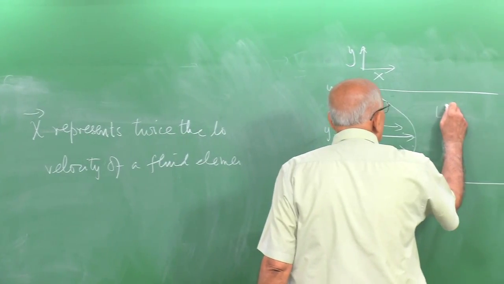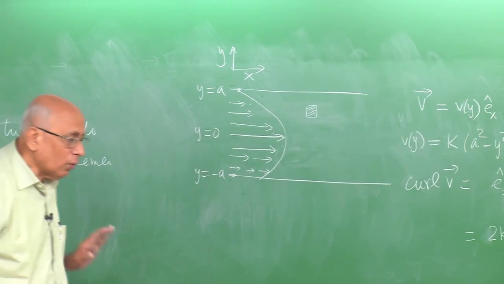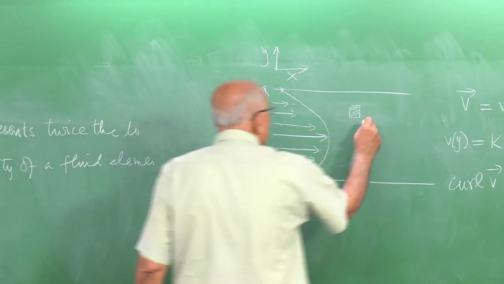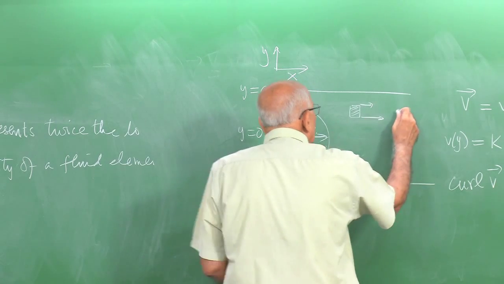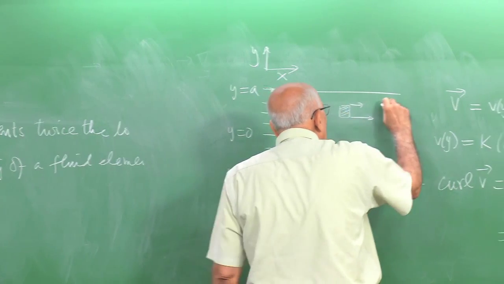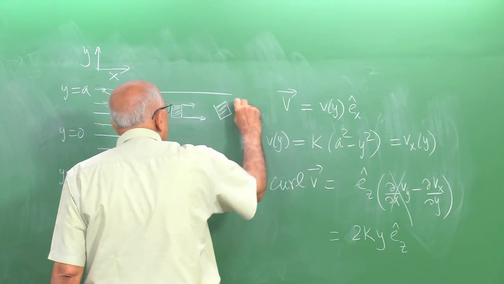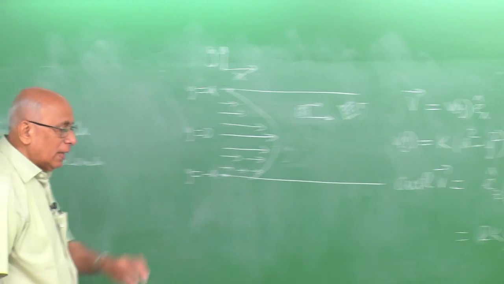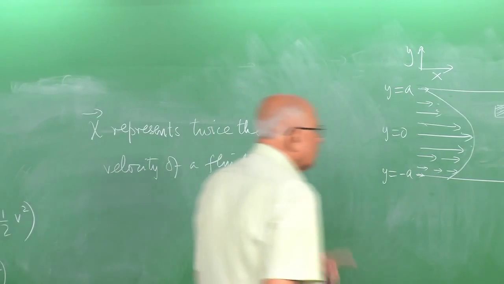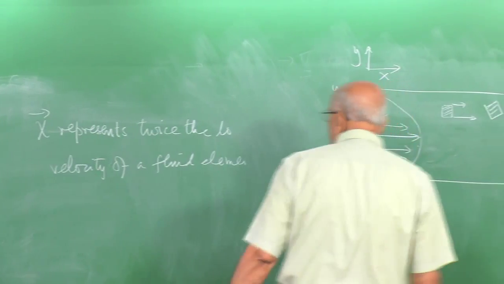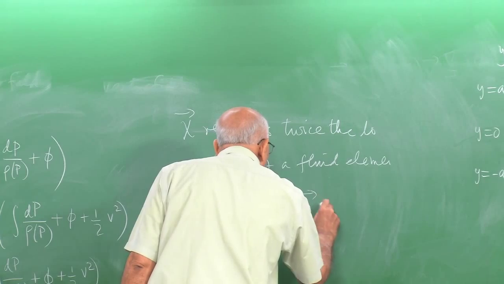If I put a small raft here in this fashion and it floats along, then because the velocity is larger here and smaller here, as time goes along this raft will rotate about its center in this fashion, and the angular velocity of that rotation is what is measured by this curl here, according to this rule which says 2 omega equal to chi.